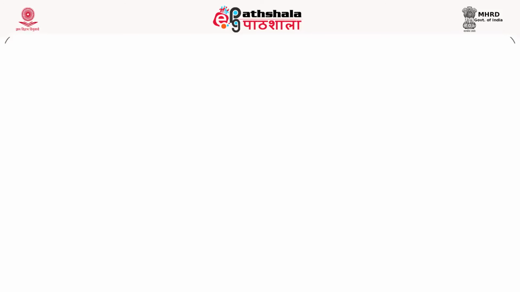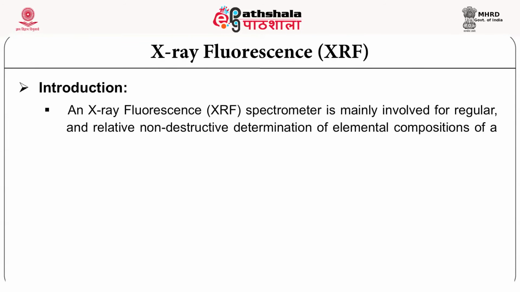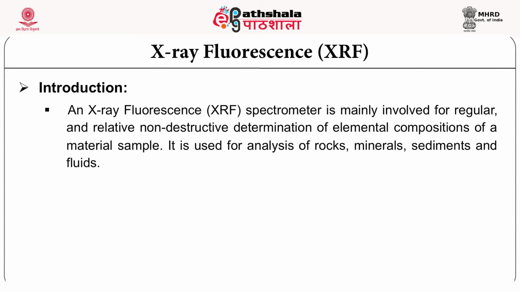So, let us have an introductory remark on X-ray fluorescence, which is commonly depicted as the XRF technique. An X-ray fluorescence spectrometer is mainly used for routine and relatively non-destructive determination of the elemental composition of a material sample.